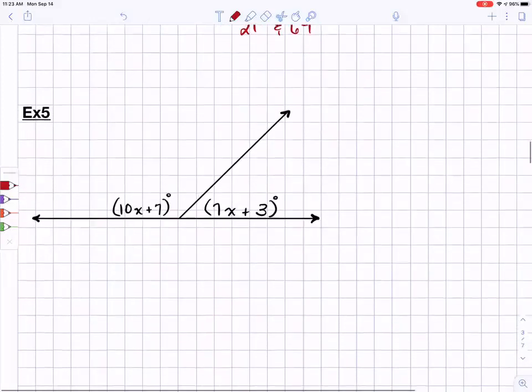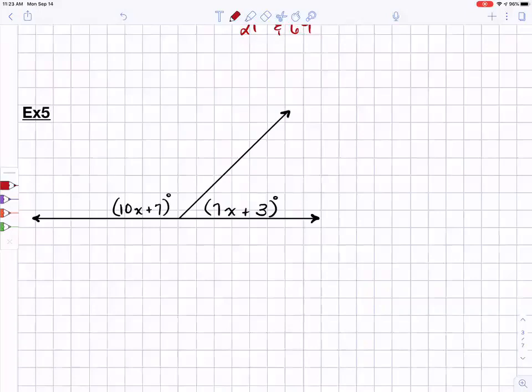In the picture for number 5, what do you notice about these two angles? They are supplementary. If your brain said they equal 180, they do not equal 180. Because when you say that, you're actually telling me that each angle equals 180, and that's not true. The sum of those two angles is 180.